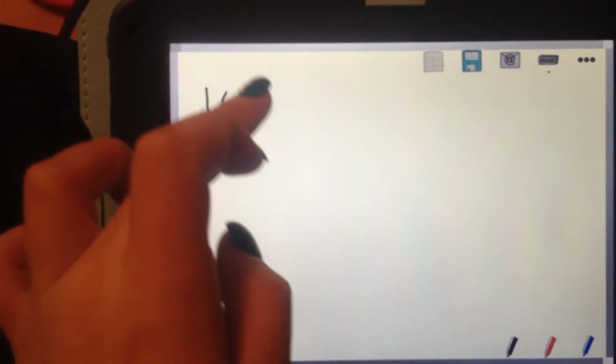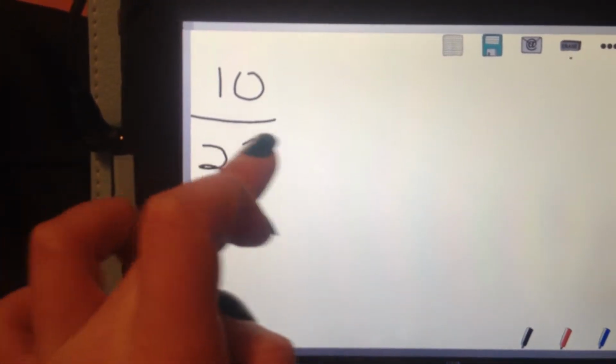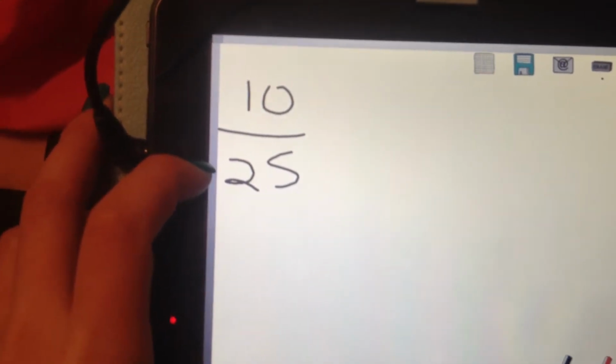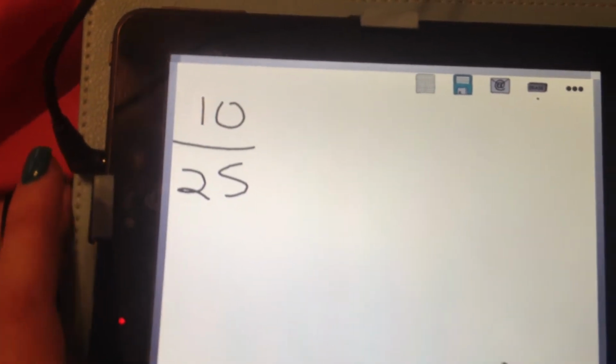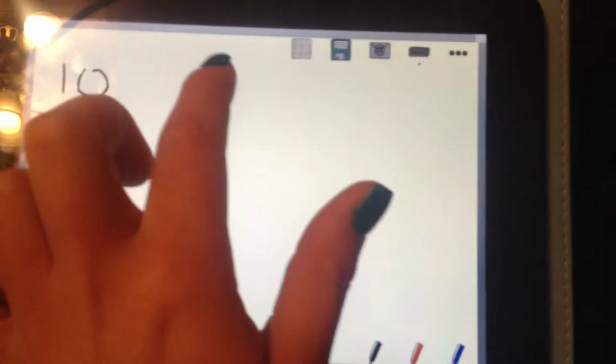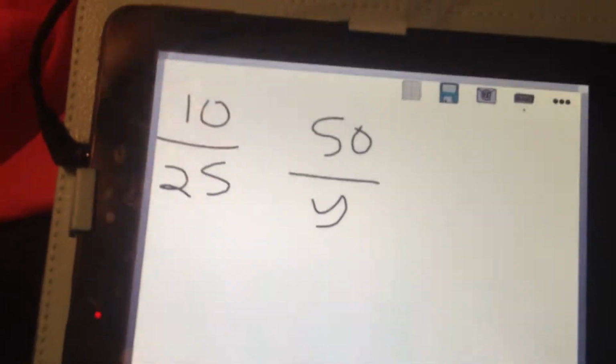If a dog is fed for 10 days, it eats 25 cups of food. So the days is x, and the amount of food is y. How much food would the dog eat in 50 days? We decided x was the days, so 50 goes up here, and we don't know y.